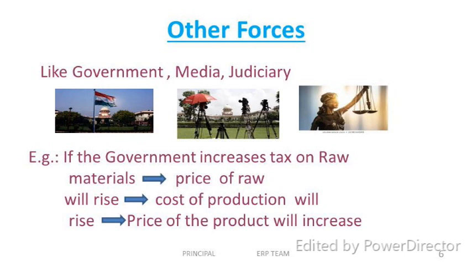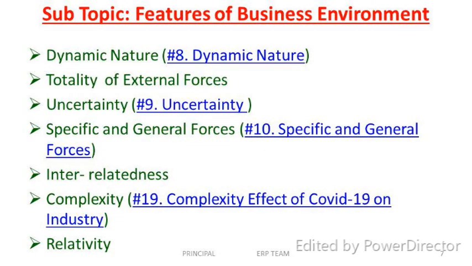In other words, product price will increase. It will be more expensive to buy. So we see that a hike in the tax rate by the government has a cascading effect on the business. The price at which a businessman used to sell his product now has to increase the price to sell the same product.